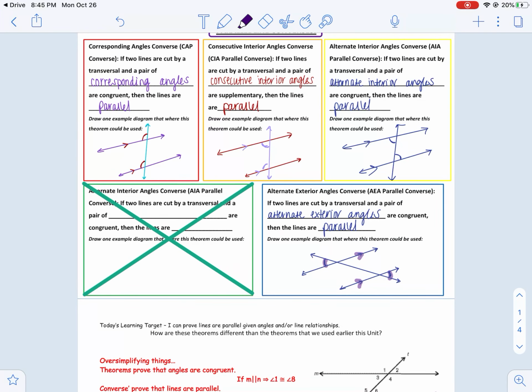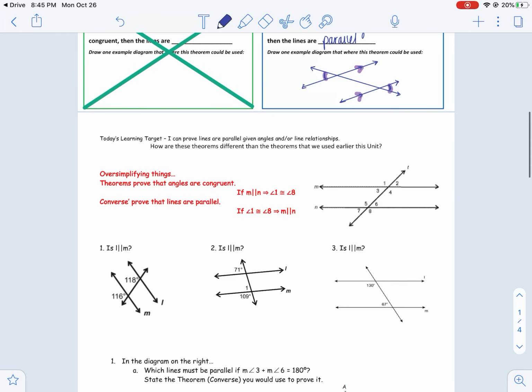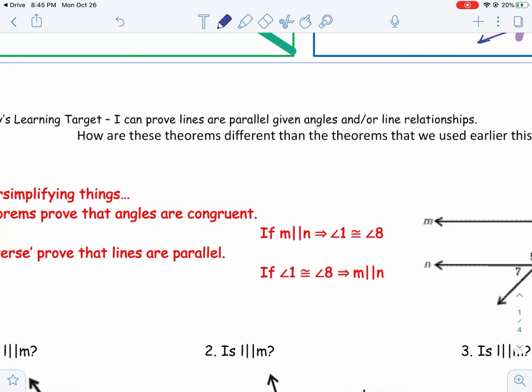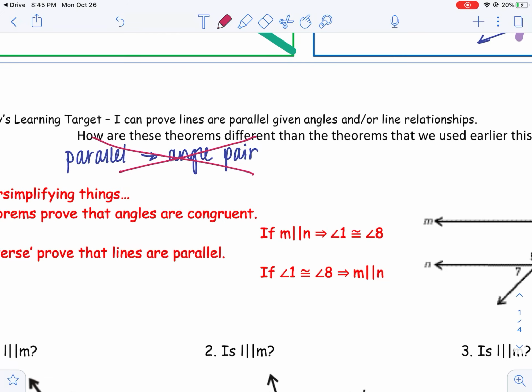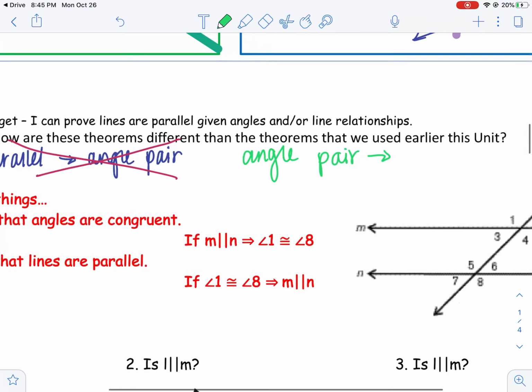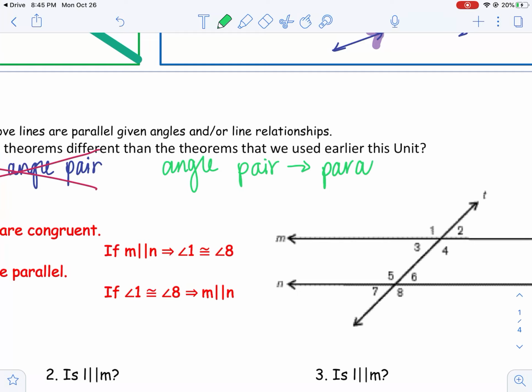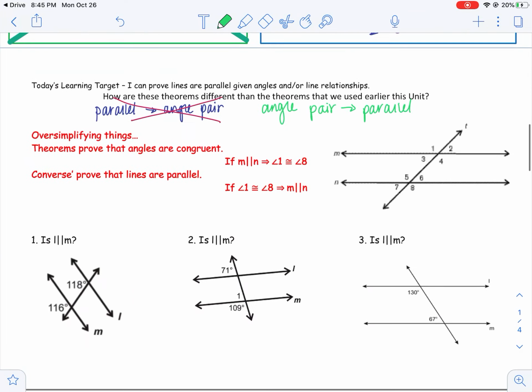So, we already discussed that these theorems are different because instead of going from parallel to angle pair relation, we are now going from angle pair to parallel. So I wouldn't say they're different, they're just reordered, like the converse. So we're good.